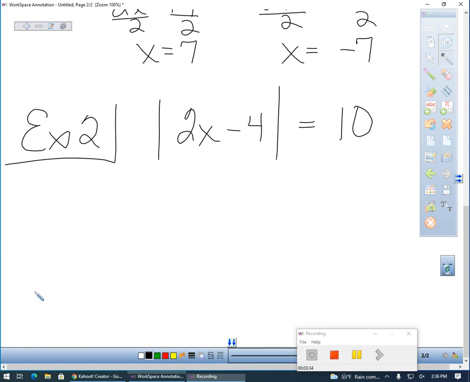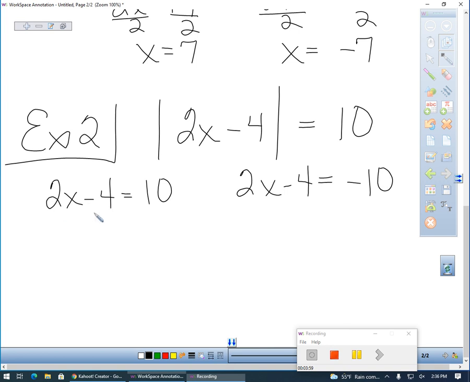So we can split it into two equations. The first one is 2x minus 4 equals positive 10. So all I did was drop the absolute value. The second equation is 2x minus 4 equals negative 10. So now I have two equations to solve, right?